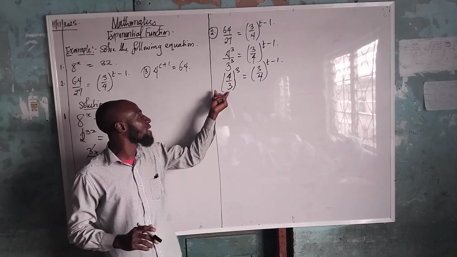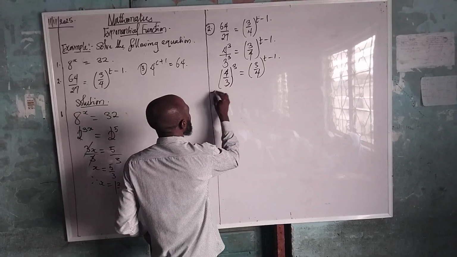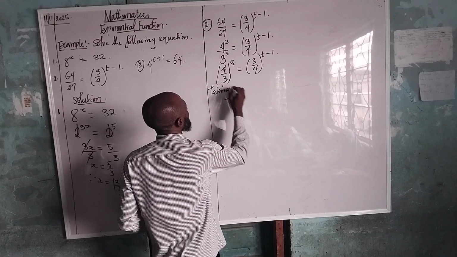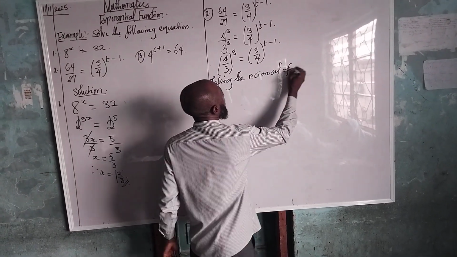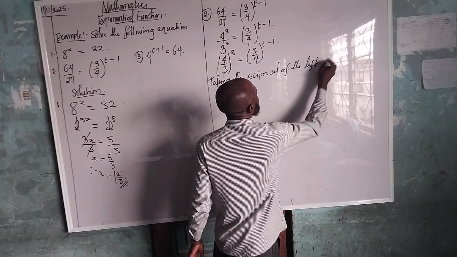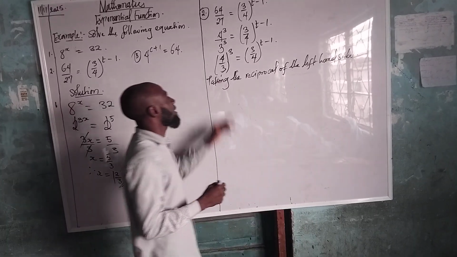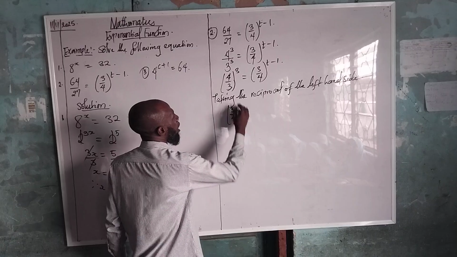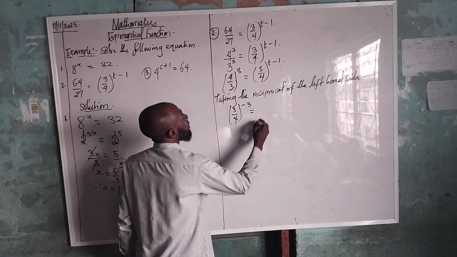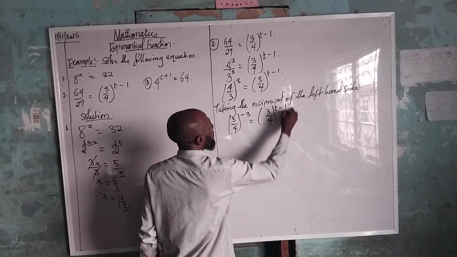So if that be the case, we can take the reciprocal of the left hand side. So taking the reciprocal of the left hand side, what am I going to have? I will have 3 over 4 all raised to the power of minus 3 equals 3 over 4 raised to the power of T minus 1.